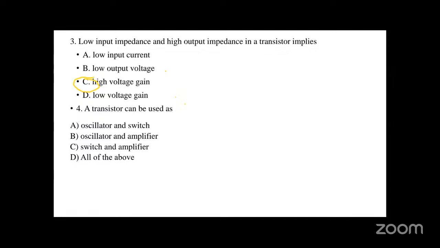And a transistor can be used as an amplifier by amplifying a small signal, making it a large signal. And then the next one, which is switch: when a transistor is operated in saturation mode or cutoff mode, it can be used as a switch.